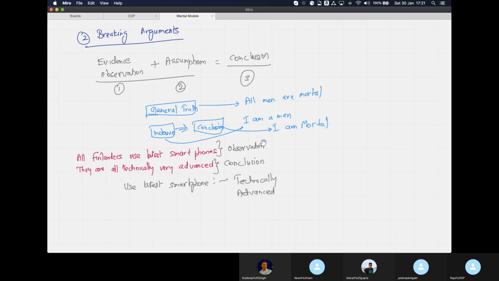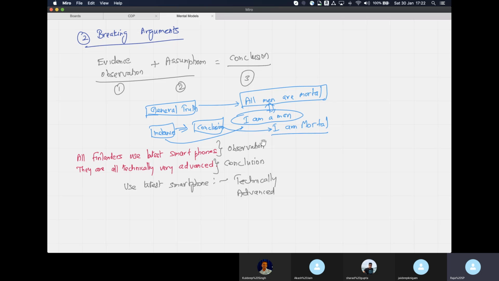So all men are mortal is the assumption, or the general truth, which I don't even have to state because it's proven in the past. I only have new evidence of this part, and now I'm putting these two together, leading to this conclusion.